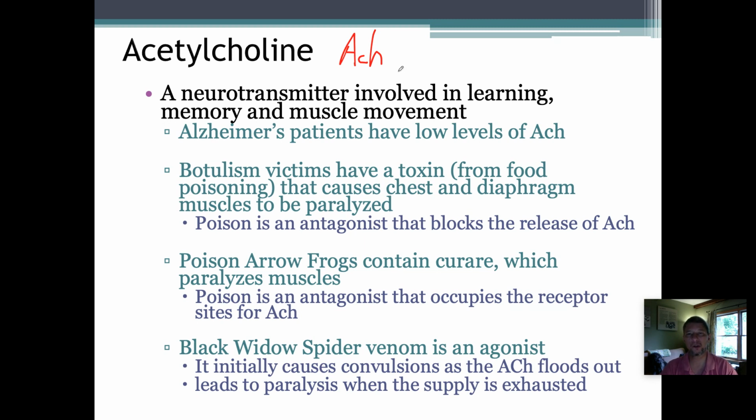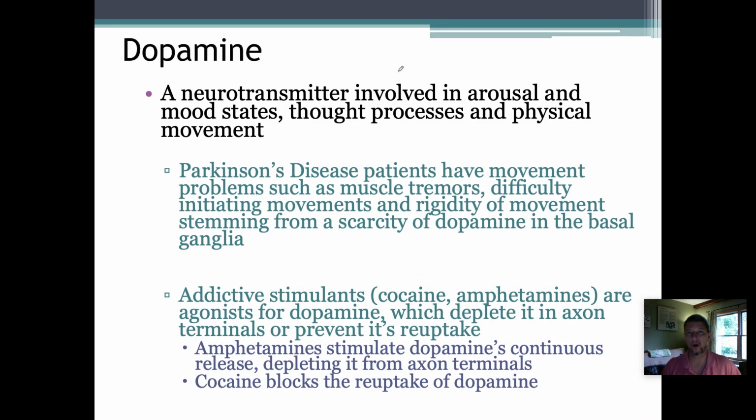Initially it causes convulsions because the stimulation is occurring fast and furious. But once you run out of acetylcholine, it then leads to paralysis because you can no longer stimulate those muscles to move. All right. And so, again, those are all ways that these things can interfere with the work of acetylcholine.